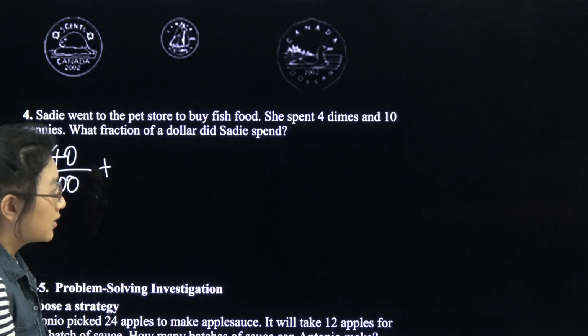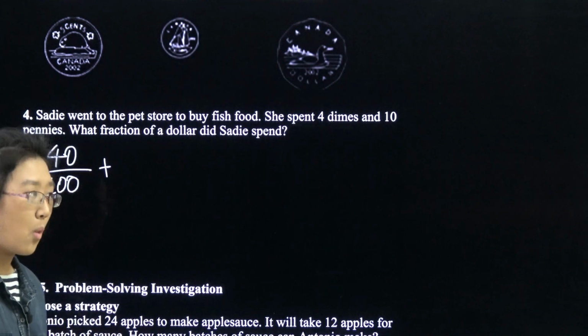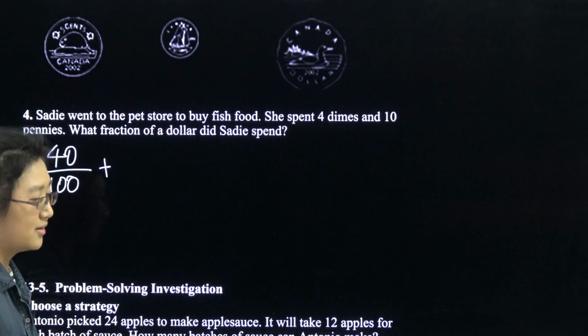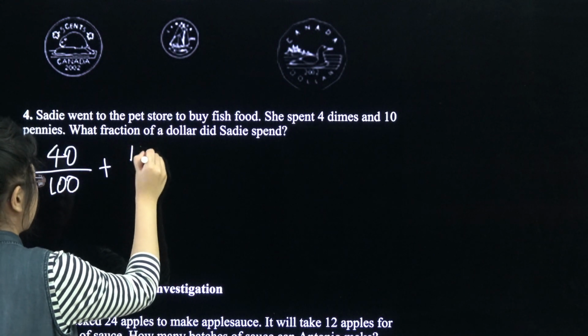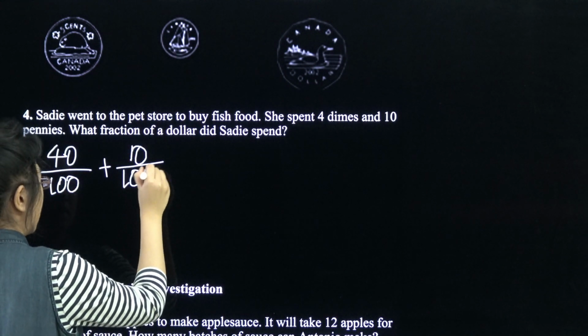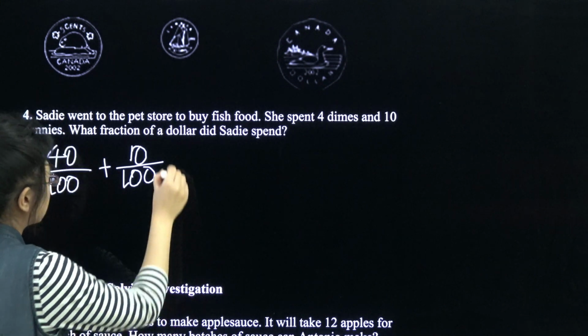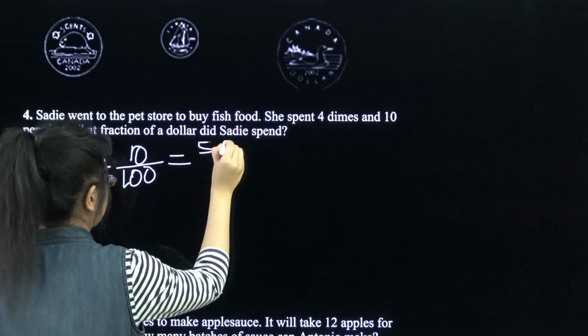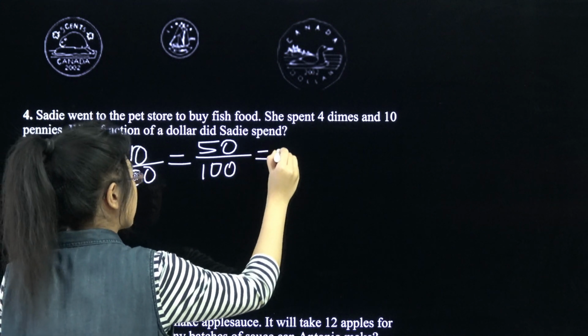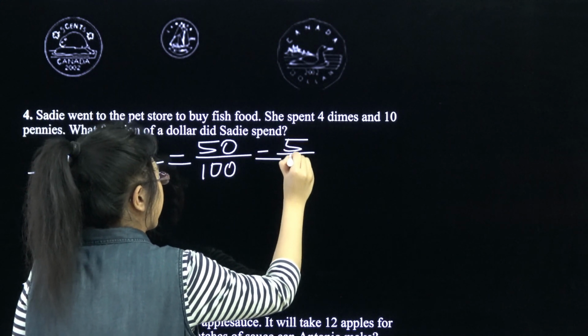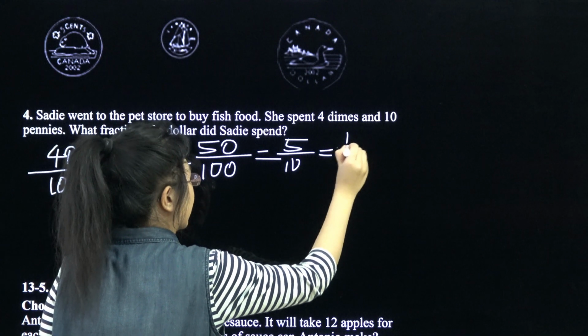Plus 10 pennies. Each penny is 1 over 100, or 1 cent. And 1 times 10 equals 10. So that's 10 cents, 10 over 100, 10 hundredths. Equals 50 over 100, equals 5/10, equals 1/2.